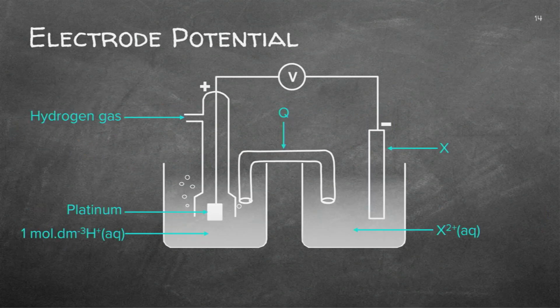Let's have a look at a more refined diagram. Do you see here? I've got my test tube or my apparatus. The hydrogen gas will be pumped in here, and that will be the H2. It will form the H plus ions, and here I've got the platinum. Can you see it there?